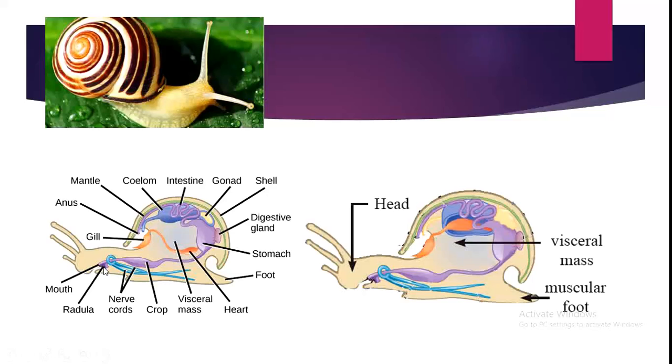Most of these animals are unisexual. Therefore, most probably they perform sexual reproduction.